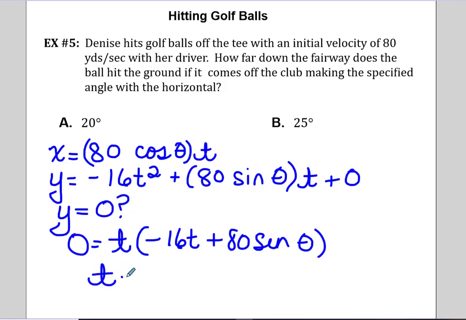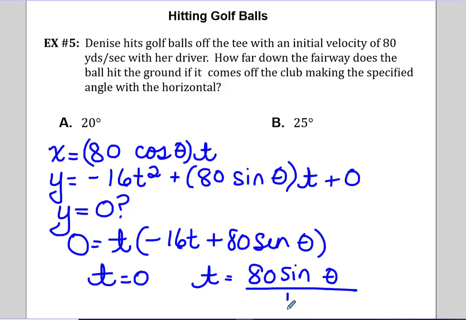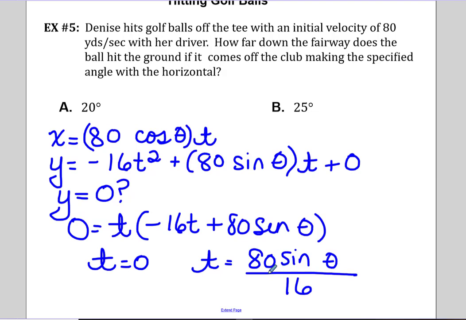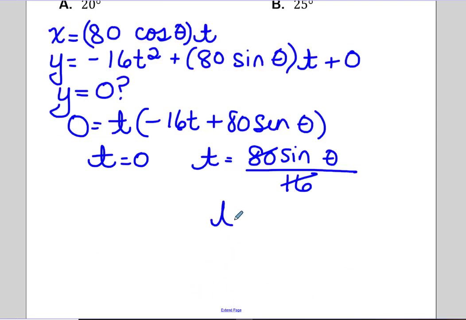So t is either 0, well, that's before she hits it, or t is 80 sine theta divided by 16. And 16 divides 80 5 times. So t is 5 sine theta.